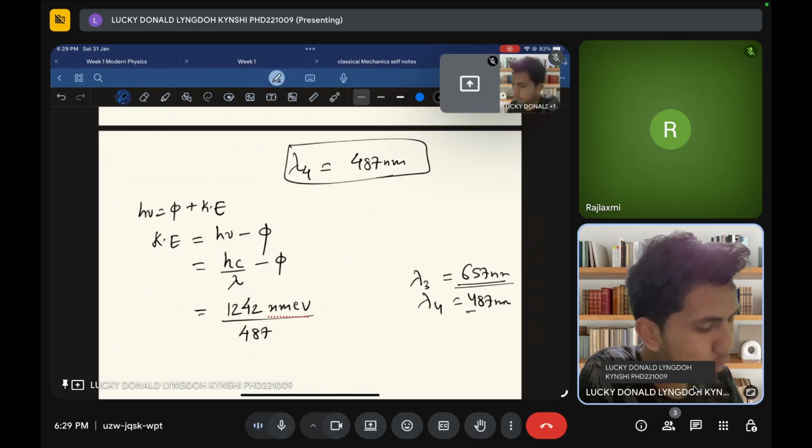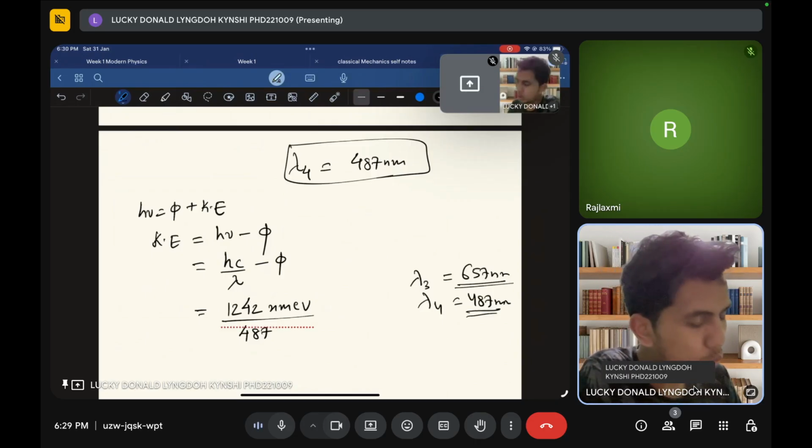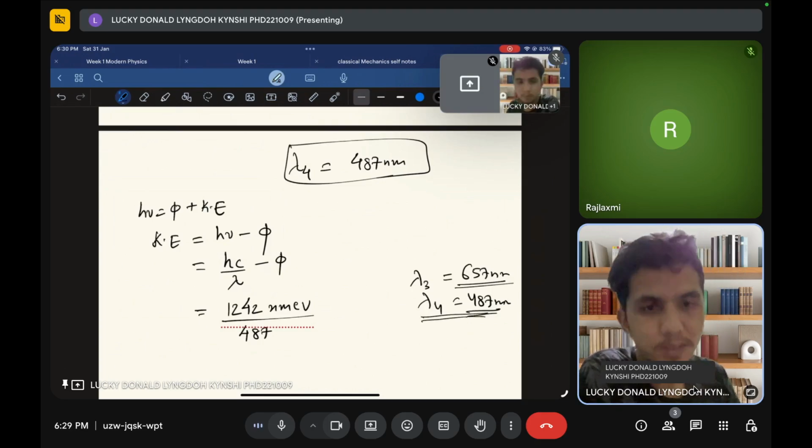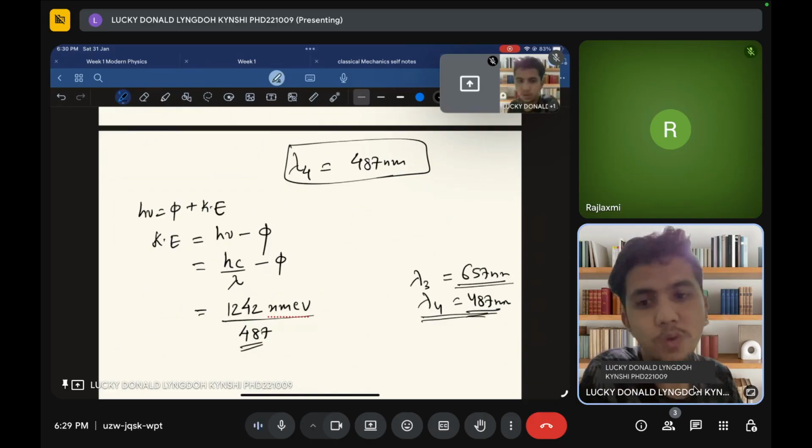If your lambda 4, the incident photon has lower wavelength, then the kinetic energy will also be higher. In other words, since your incident photon has lower wavelength, it will have higher energy, and so the kinetic energy of the emitted electrons will also be proportional to your incident energy, h nu. So that's why you use lambda 4. Why? Because you have to calculate the maximum kinetic energy.